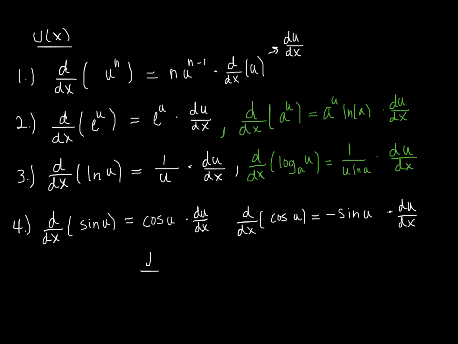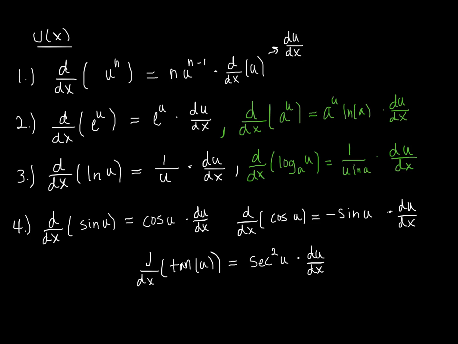All right. Derivative with respect to x of tangent of u. Just to mix it up, I put it in parentheses for fun. And the derivative of tangent is secant squared. Secant squared u. And then the derivative of the inside function, du dx.